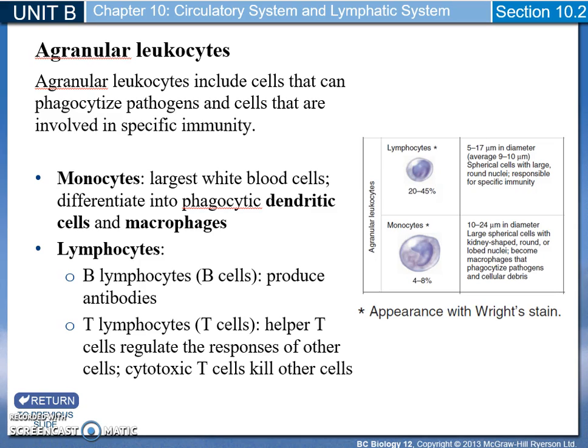And the monocyte is the largest white blood cell and differentiates into phagocytic dendritic cells and macrophages. And then we have the lymphocytes: the B lymphocytes, which produce antibodies, and the T lymphocytes, including the helper T cells, which regulate the responses of other cells, and the cytotoxic T cells, which kill other cells.